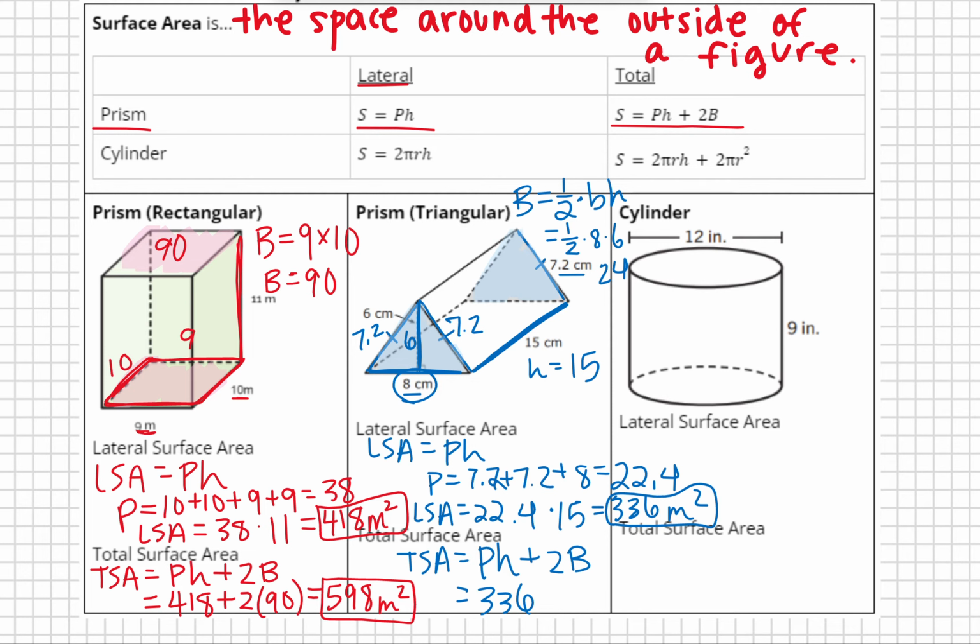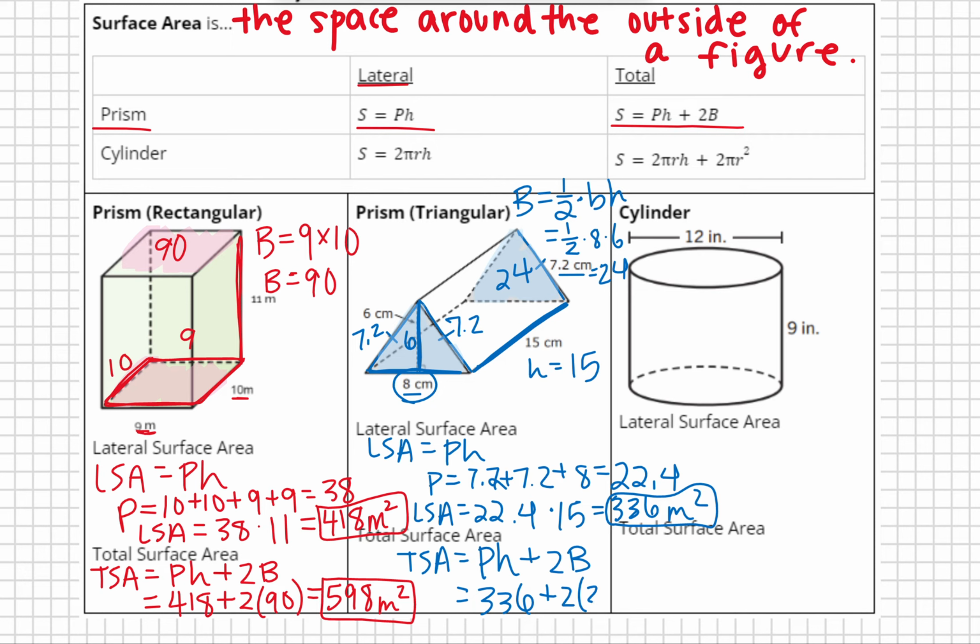So now I know the area of each of these bases, each of these triangles, is 24 centimeters squared. Okay, let's bring that back to our total surface area formula. So we have perimeter times height plus two bases. So plus 2 times 24.